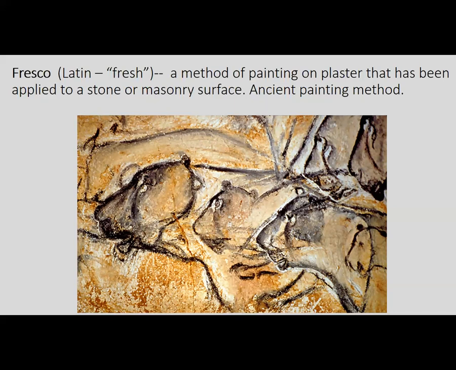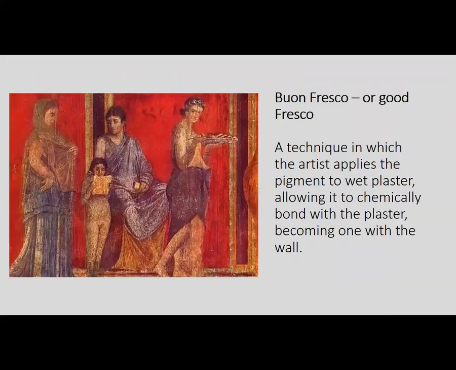So this is an ancient painting method, and there's two kinds of fresco we're going to talk about. The first one is buon fresco, which means good fresco. When the artist is painting using this method, they would apply wet plaster to a section of the wall, not the whole wall, a section that they knew they could paint on before it dried.